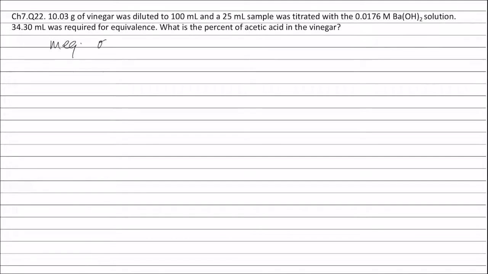Milliequivalents of acetic acid will be equal to milliequivalents of barium hydroxide, and this is equal to molarity of barium hydroxide, that is 0.0176, into volume of barium hydroxide, that is 34.30 milliliters, into valency factor of barium hydroxide, that is 2, and this is equal to 1.207 milliequivalents.